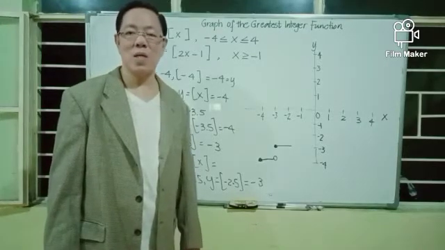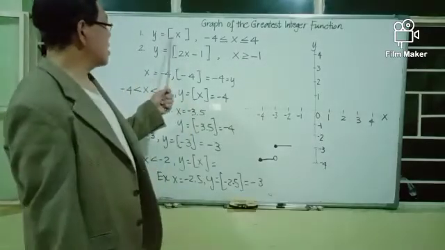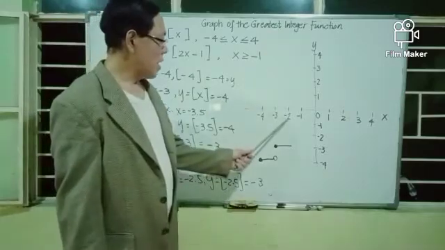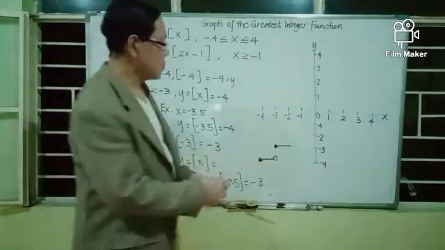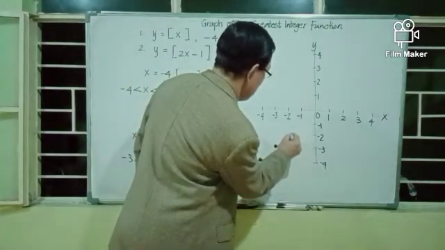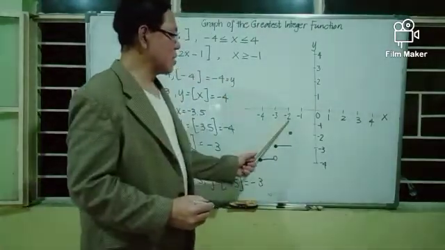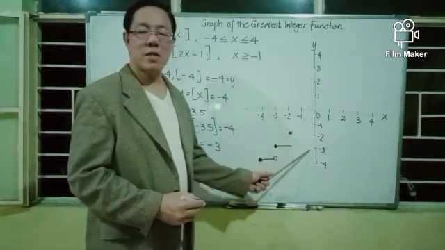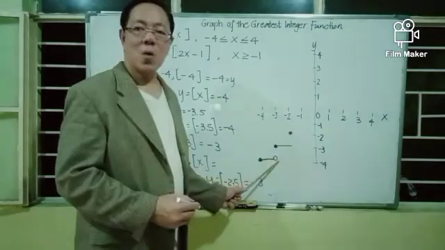It's exactly equal to negative 2. When x is negative 2, the value of y is negative 2. So at x equals negative 2, the floor of negative 2 is not negative 3, and we indicate that by, again, an open circle.